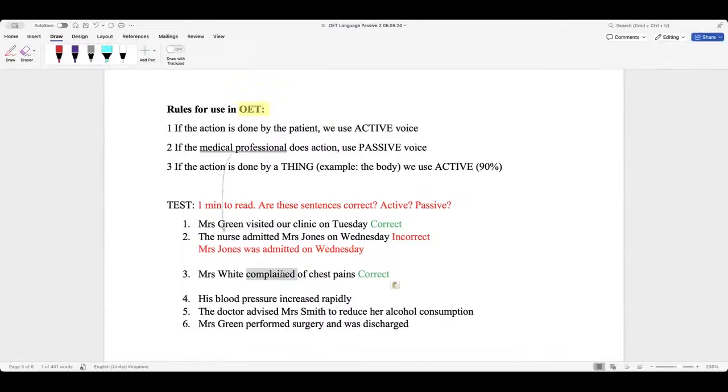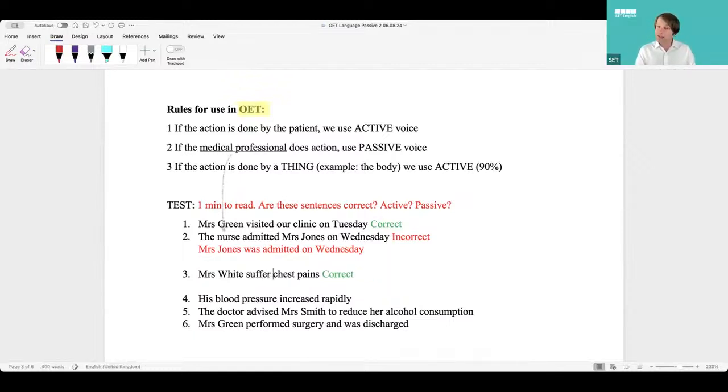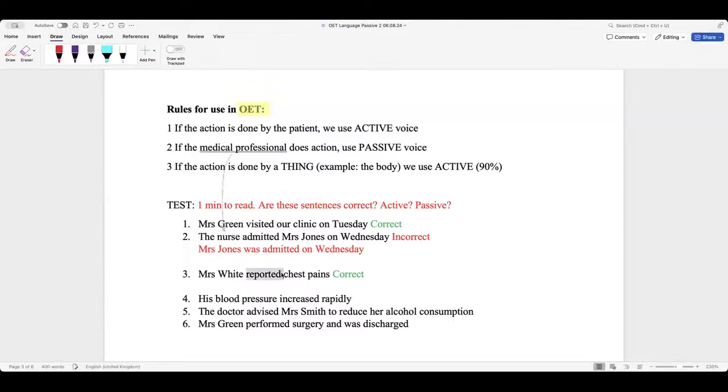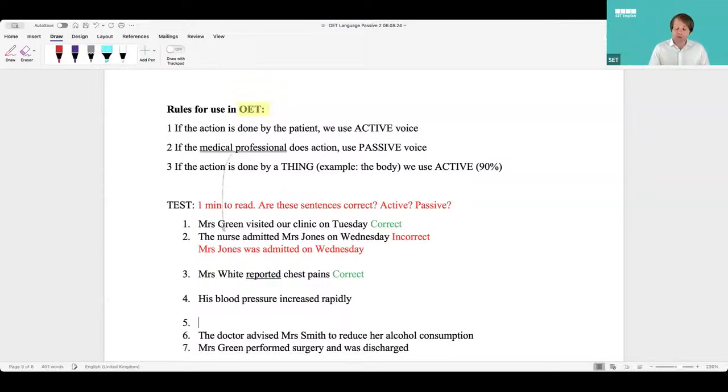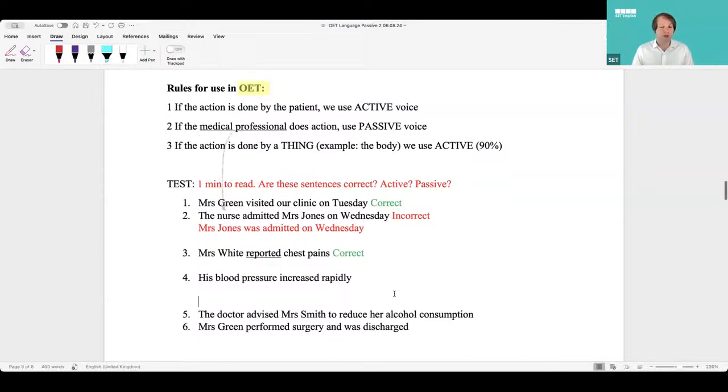No, don't say complain, don't say suffer either. These are judgmental words. Just say reported, or experience. Never say complain.